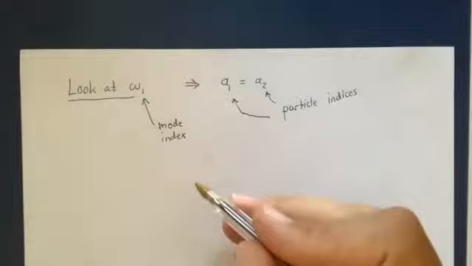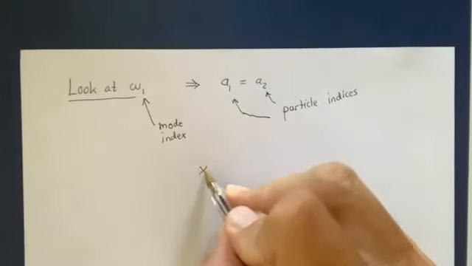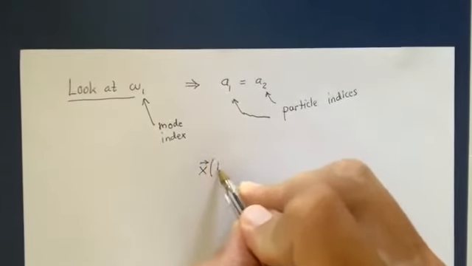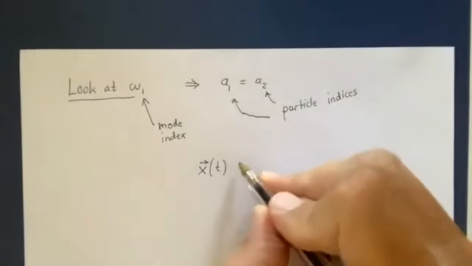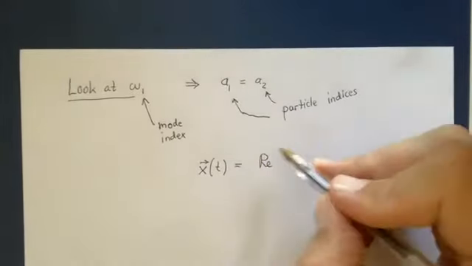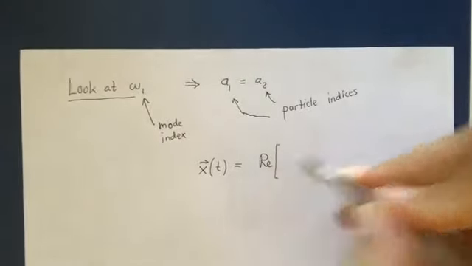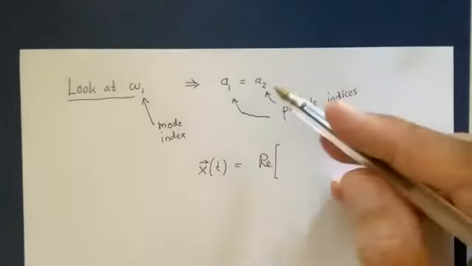All right, so let's talk about what you actually observe. Okay, so the real positions, right? X1 as a function of time, X2 as a function of time, they are the real part of the complex. Okay, and we'll call this some amplitude A with a phase.